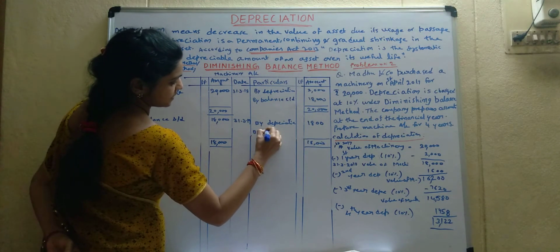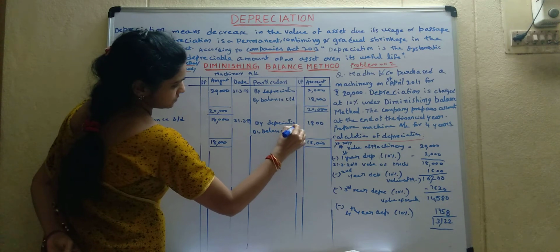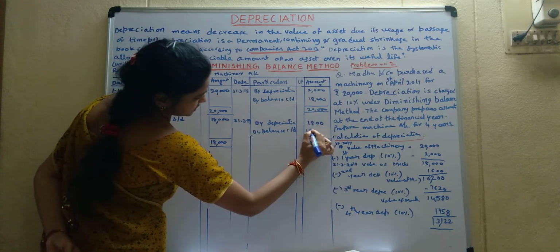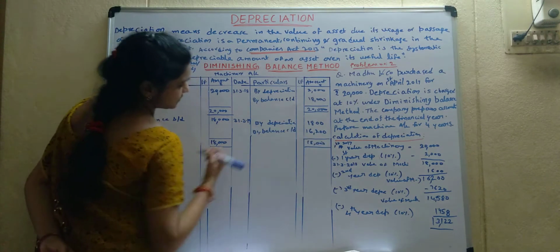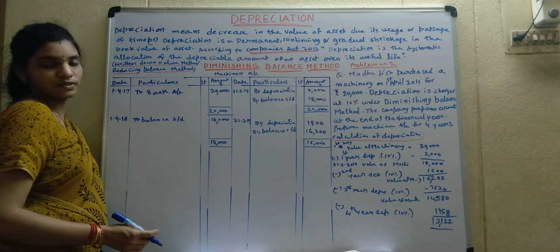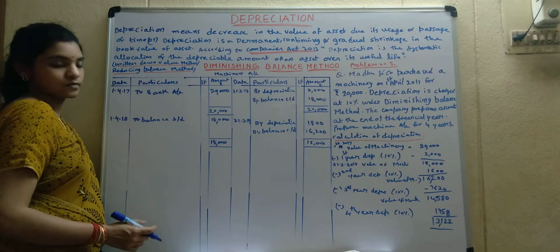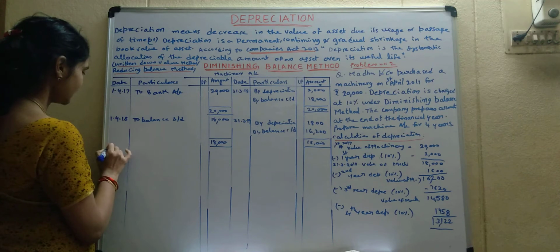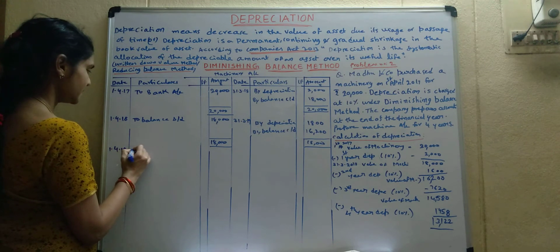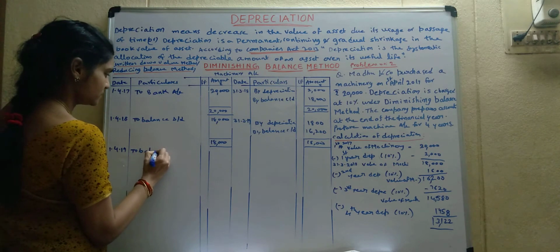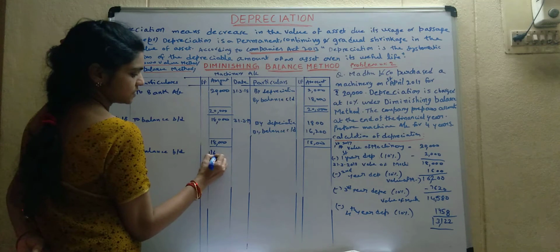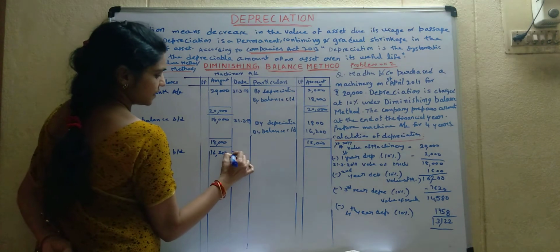By balance carried down, what's the amount? 16,200. If you complete the working notes there, then it's very easy to write the account. And coming to 1/4/19, to balance brought down 16,200.